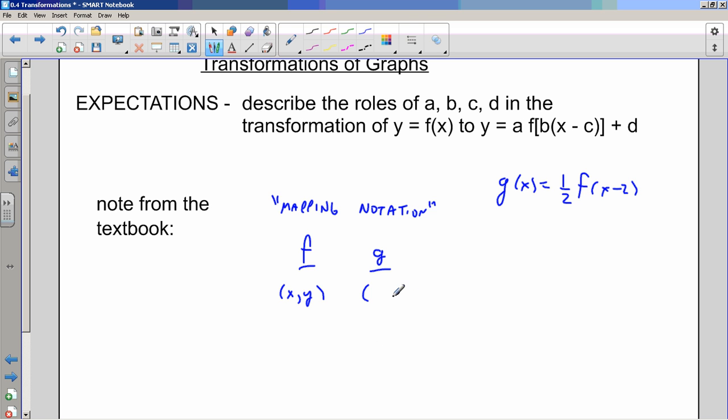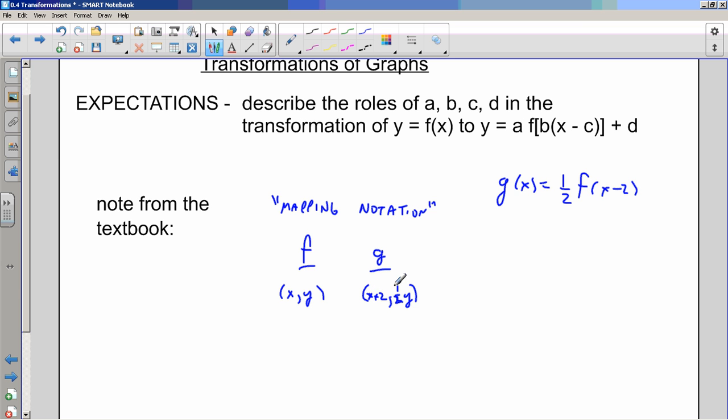Well, the half squishes the y coordinate by a factor of a half. So whatever y is, I'm just going to divide that by 2, or multiply by a half, and that's my new coordinate. Similarly, in the direction of x, I'm moving it right 2. So whatever the x is, what's the new x? Well, it's been moved right 2.